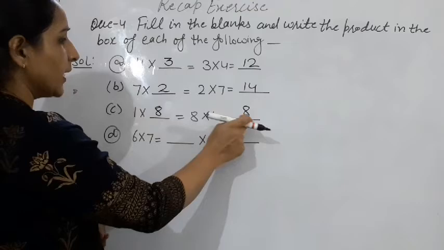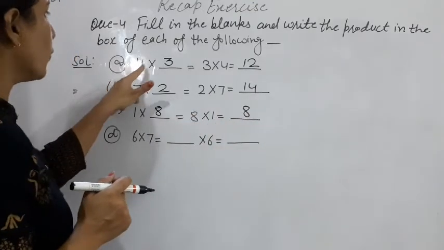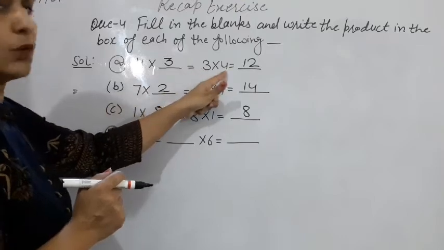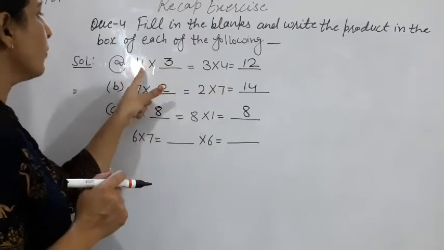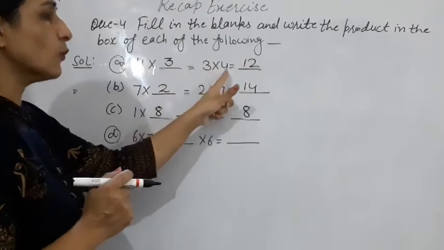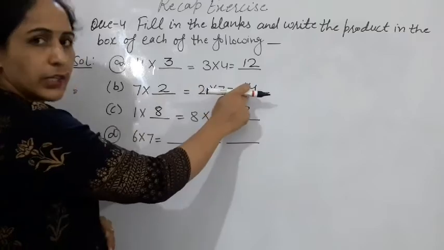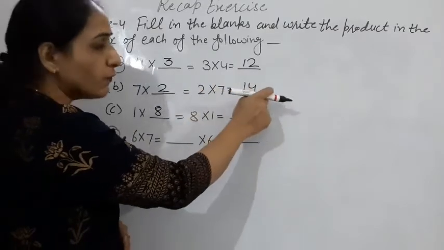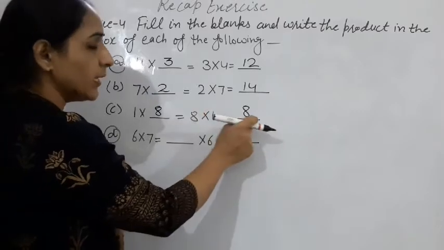So 1 8 is 8 and 8 1 is 8. Clear? I am repeating here. 4 3s are 12 and 3 4s are 12. Both are the same. Clear? Only the places change. 7 2s are 14 and 2 7s are 14. 1 8 is 8 and 8 1 is 8.